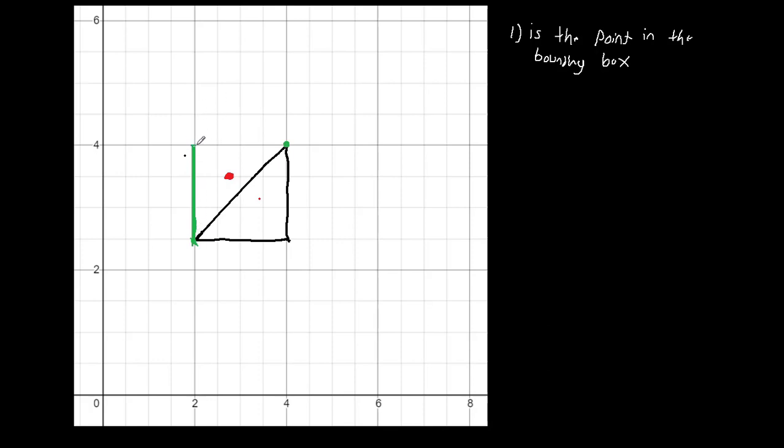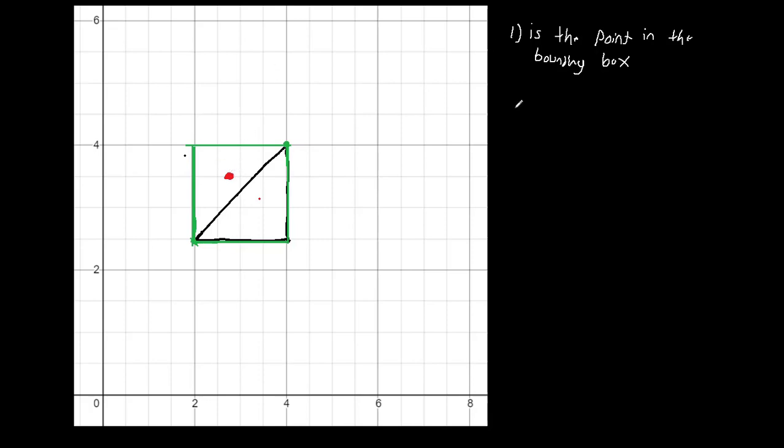And we do the same thing here: this is our y max horizontal line, this is our x max vertical line, and this is our y min horizontal line. If the point was outside of this box, there'd be no way that it could ever intersect our polygon. But this point is inside of that.